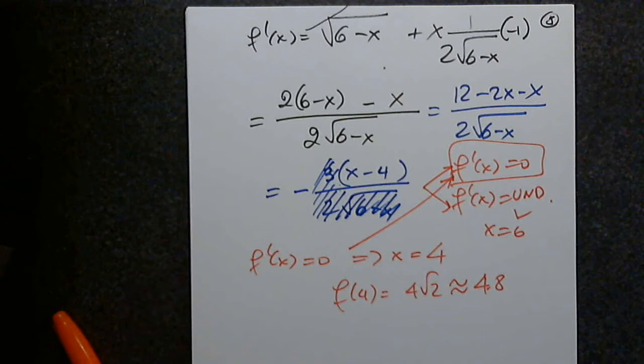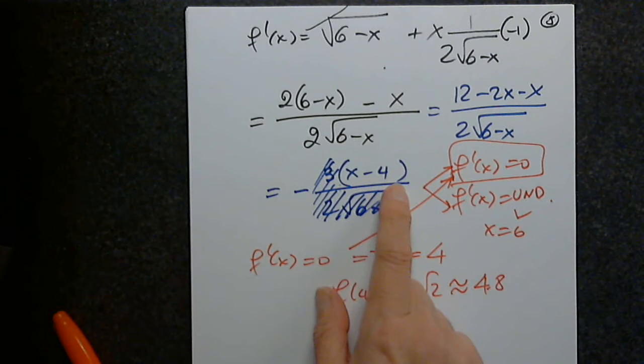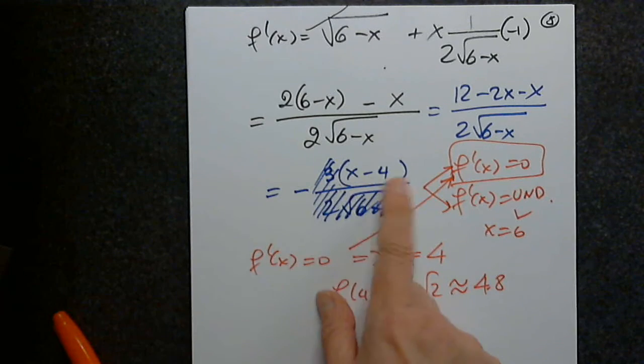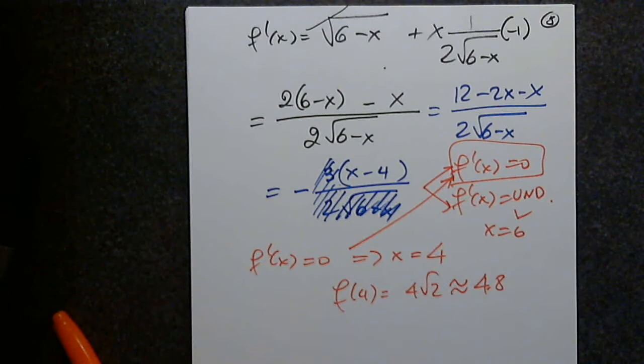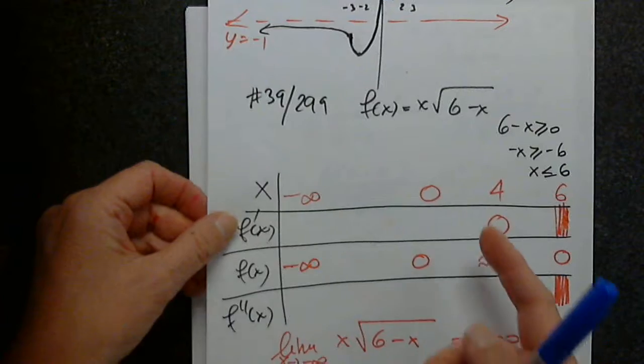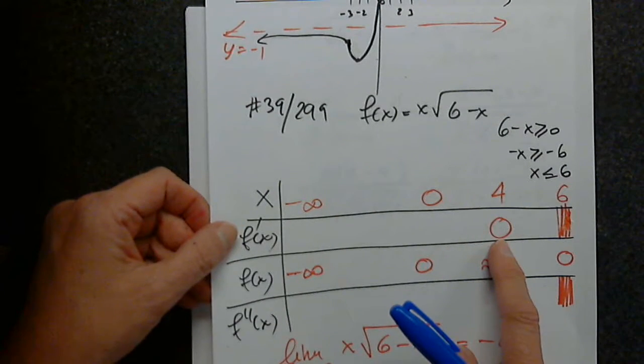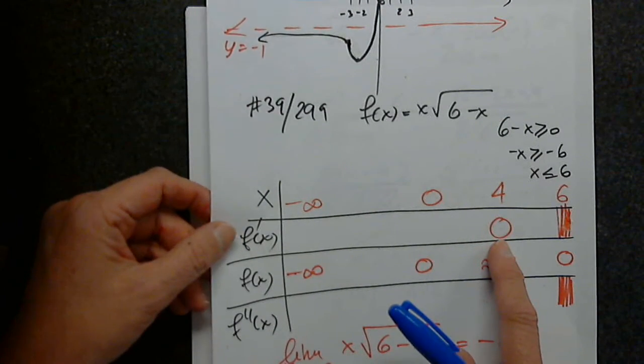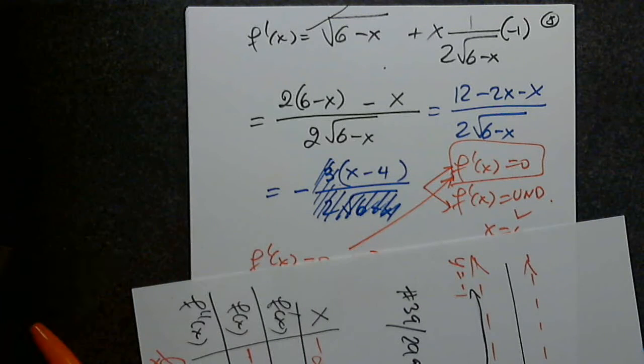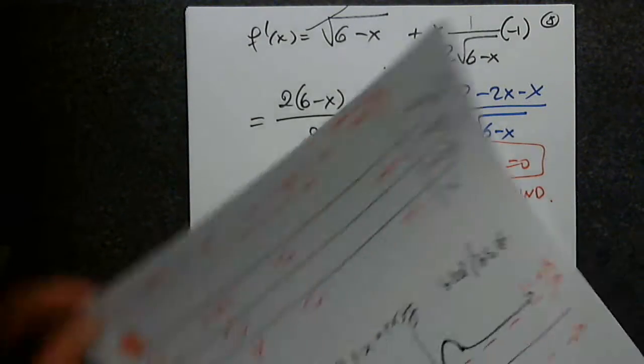It's always positive. Why would I even worry about it? So I'm only interested in negative x minus 4, negative x plus 4 if you want. So what is the sign of negative x plus 4 to the left of 4? Negative x plus 4 is a linear function that looks like this. What is the sign first, to the left of 4? Positive. What is the sign to the right of 4? That's it. Or you plug in numbers.